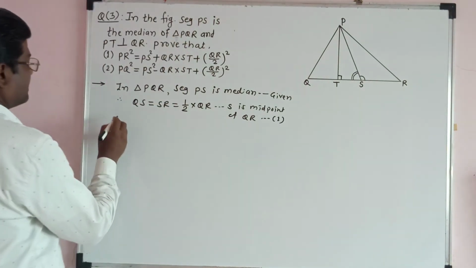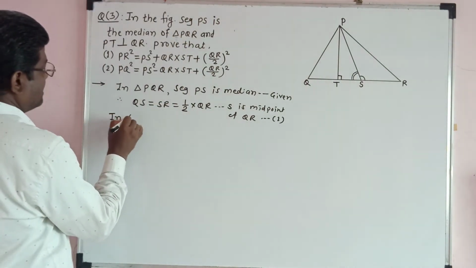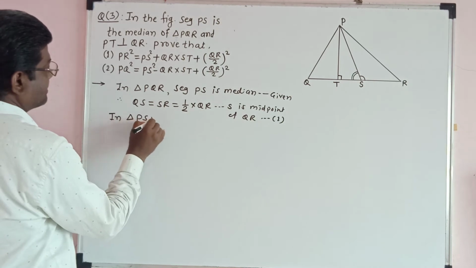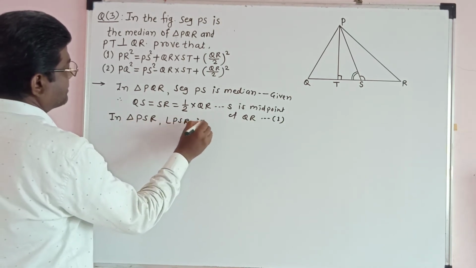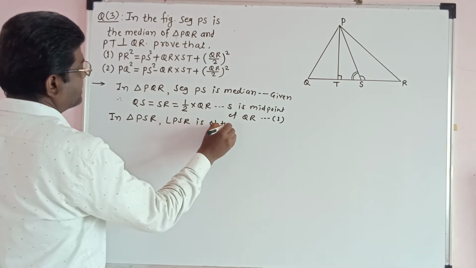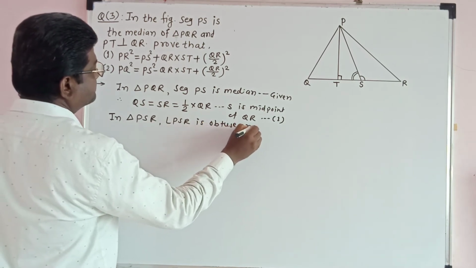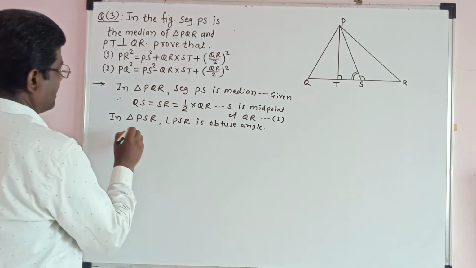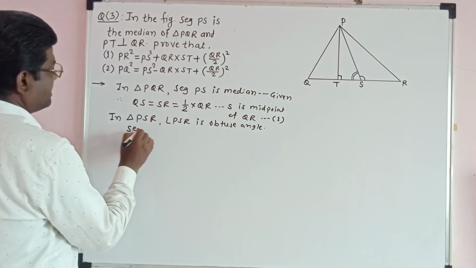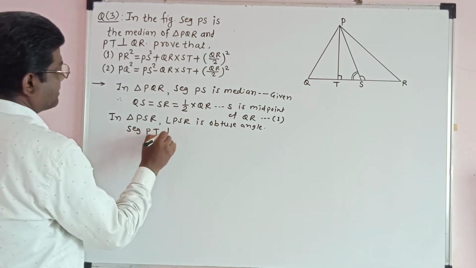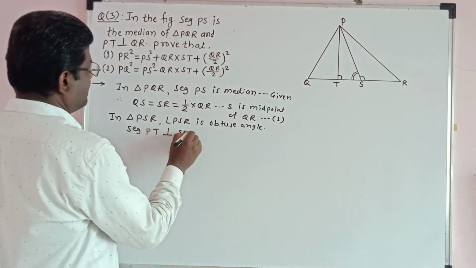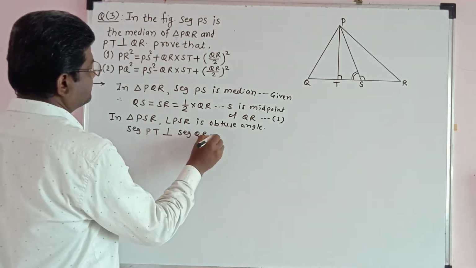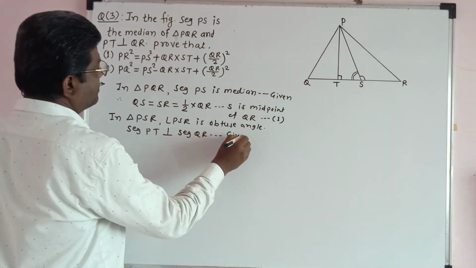So write, in triangle PSR, angle PSR is obtuse angle and segment PT perpendicular segment QR, it is given.